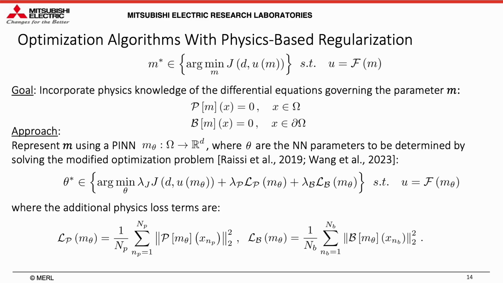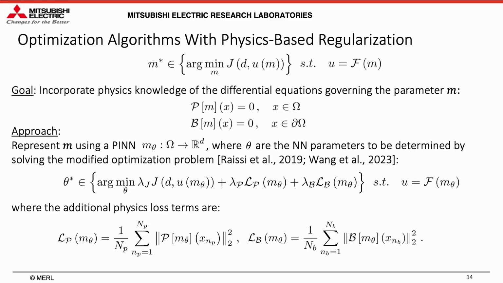And one way to incorporate this sort of regularization is to use a physics-informed neural network type of parameterization, where the flow parameters that we are interested in, so M, can be parameterized using the weights of neural networks.